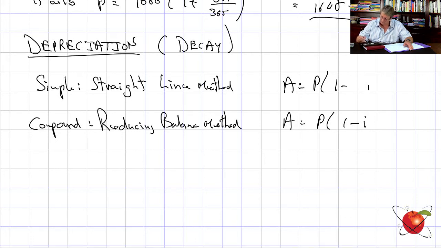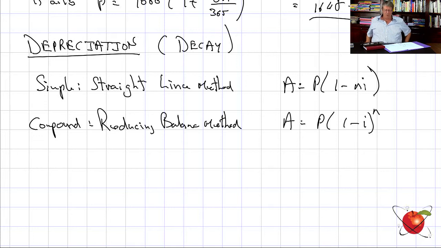Minus i to the n. The simple is the ni, right? The simple is the ni. I, out of habit, always use compound interest, so you'll find if I'm doing simple, I sometimes have to do it twice.